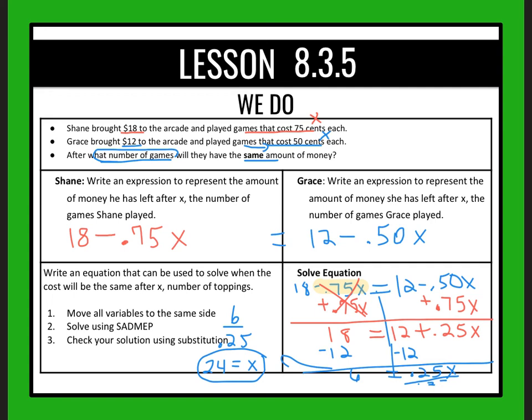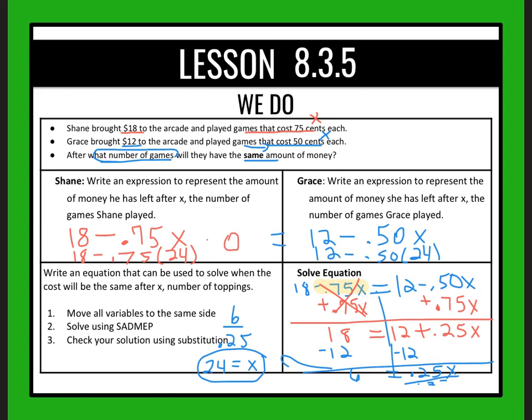So I want you to go into your calculator right now and type 18 minus 0.75 times 24 and see what you get. And then do the same thing: 12 minus 0.50 times 24 and see what happens. When you type both of those in, you're going to see that Shane would have used all of their money.